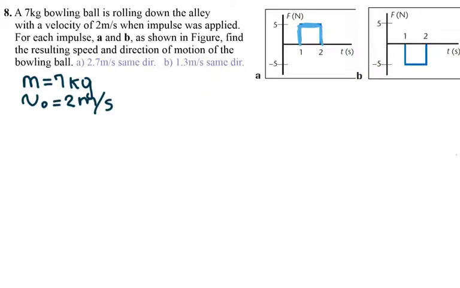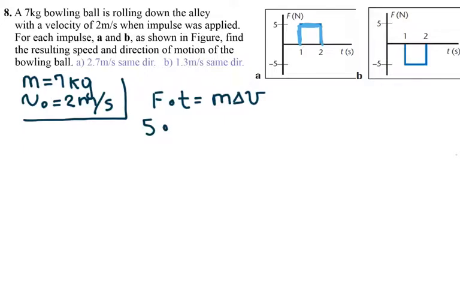So from here, I can say that force times the time is equal to mass times change of the velocity. The force that was applied is positive 5, the time that it was applied is 1 second. The mass of the ball is 7 kilograms, and I'm going to find the change of the velocity.